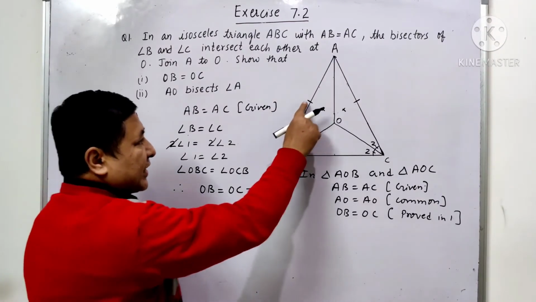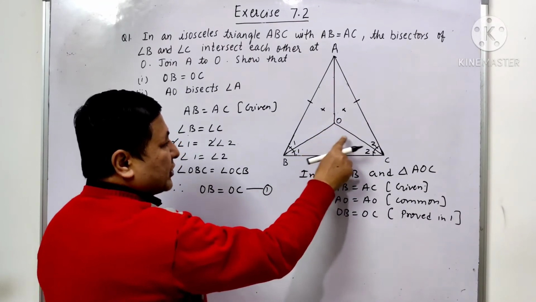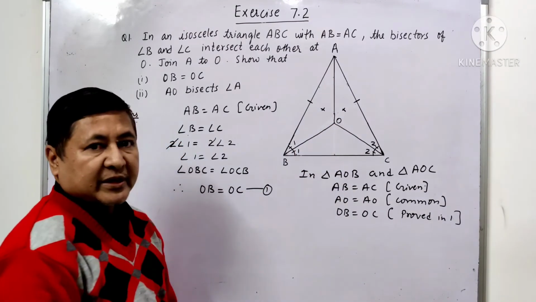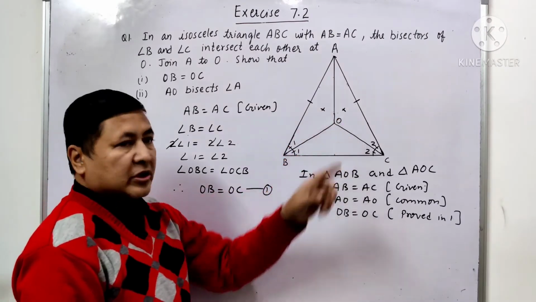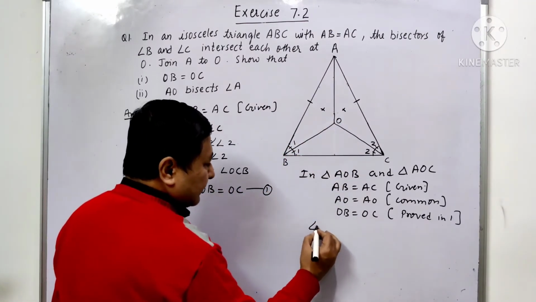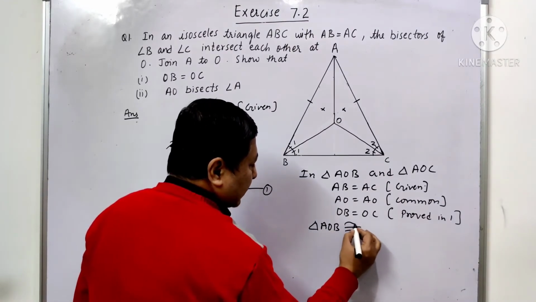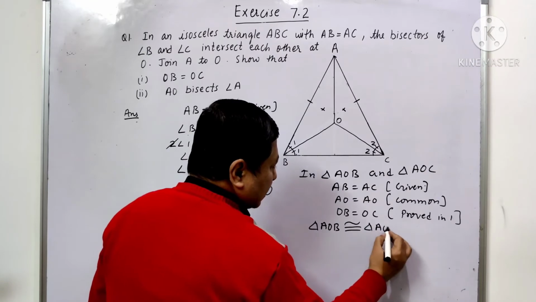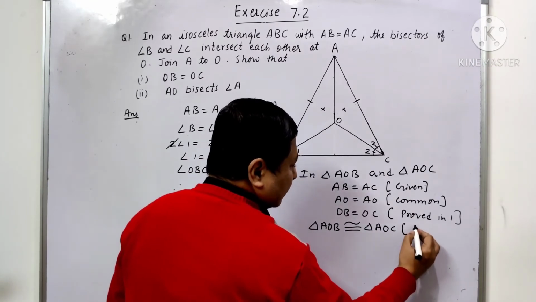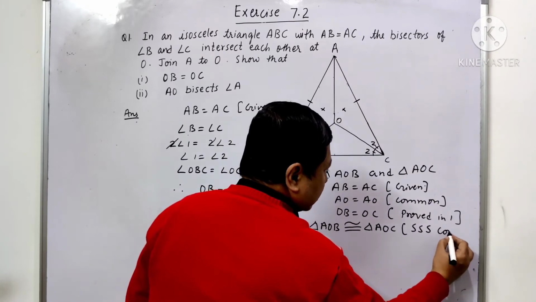So this side is equal, this side is common, and OB is equal to OC. So all three sides of this triangle are equal to the corresponding sides of this triangle. So these two triangles will be congruent. Triangle AOB will be congruent to triangle AOC, and the reason is the SSS congruence rule.